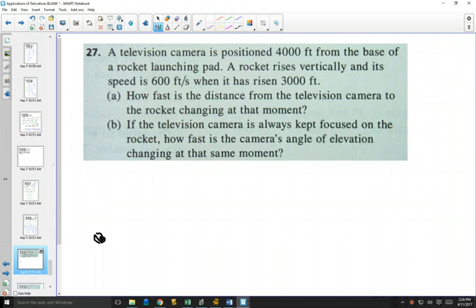And it is 4,000 feet away from the base of a rocket launching pad. We should start the engines up a little bit. There we go. Okay, so this rocket is going to fire up vertically and is going to be rising at a speed of 600 feet per second.